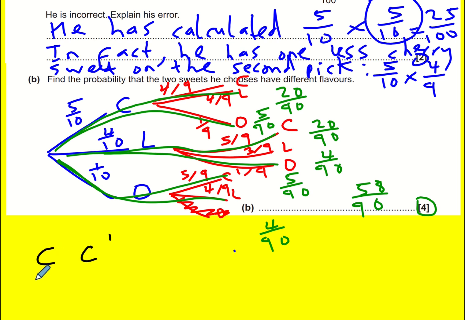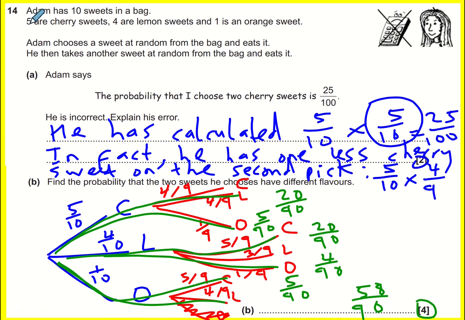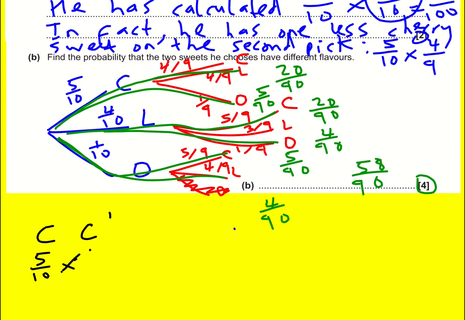Now the probability of me picking a cherry is 5/10, and then if I picked a cherry, I'd have 4 left, but I'd still have 5 that are not cherry. Sorry, that should be over 9.